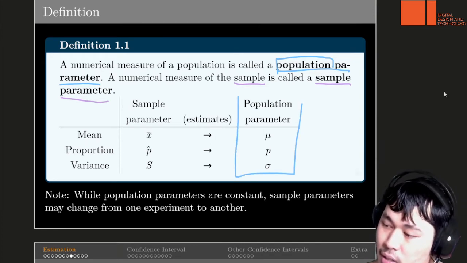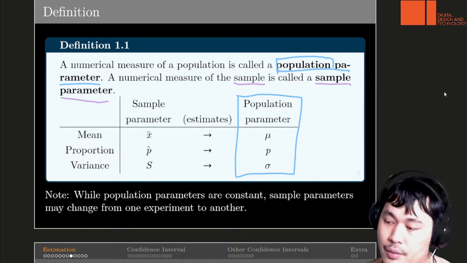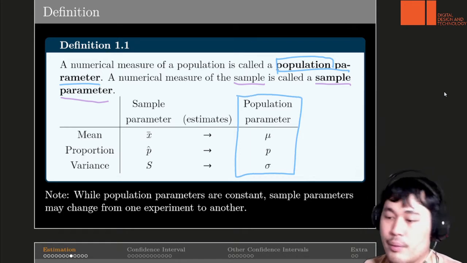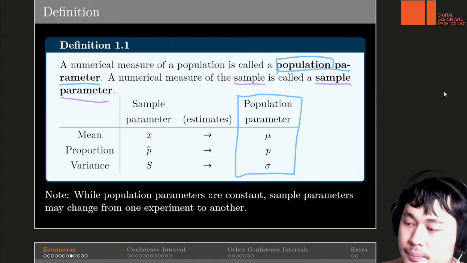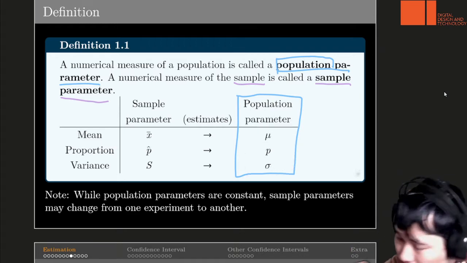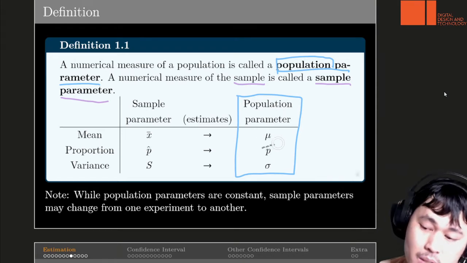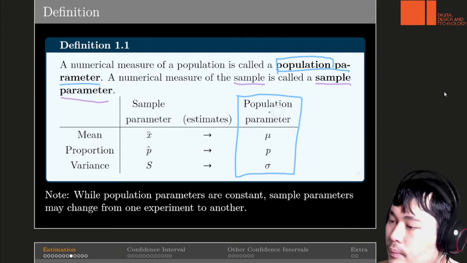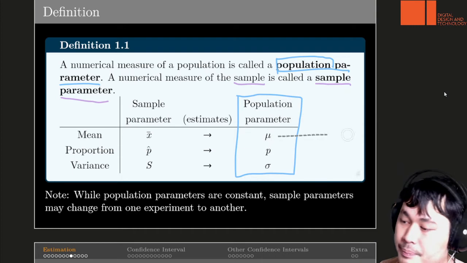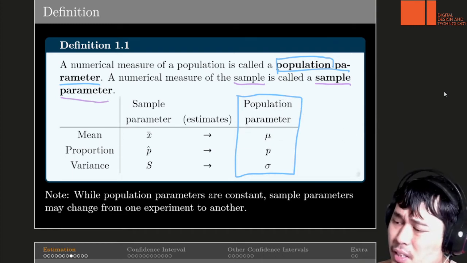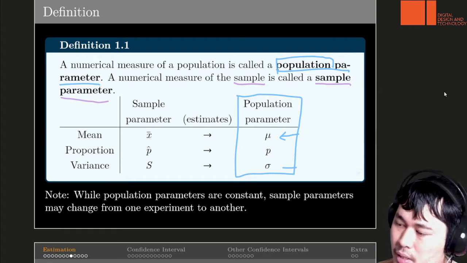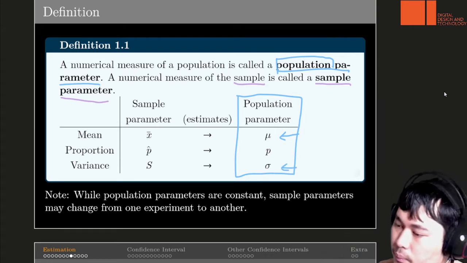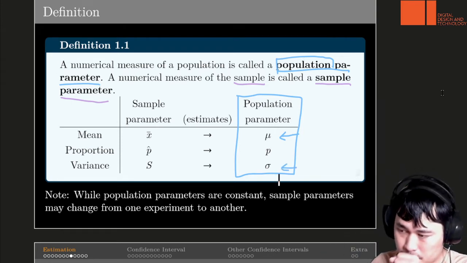What we actually do so far is what we have on the right, where you are given a complete set of information and you are asked to find the mean, the proportion, or the variance. And on the right is a population parameter. Mean is denoted as mu, and the variance, I think it's the standard deviation, is denoted as sigma.